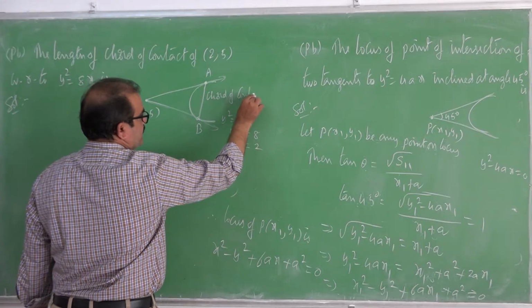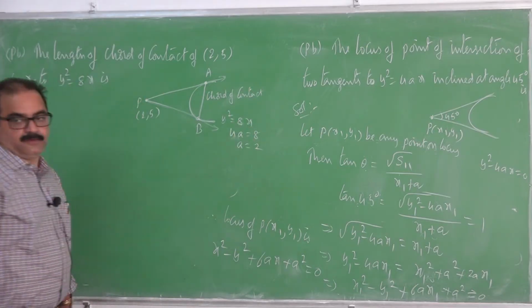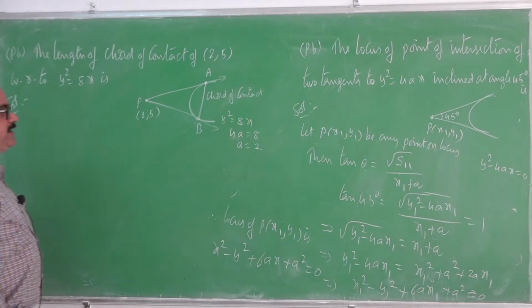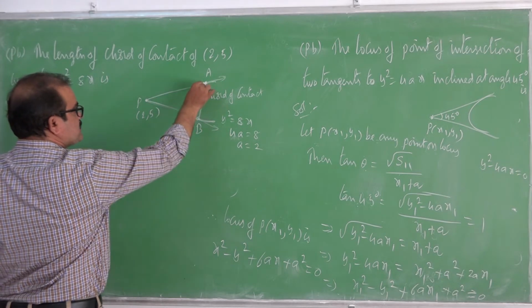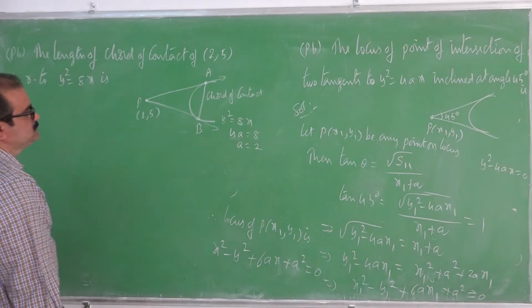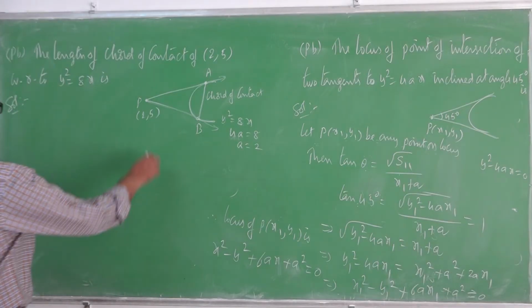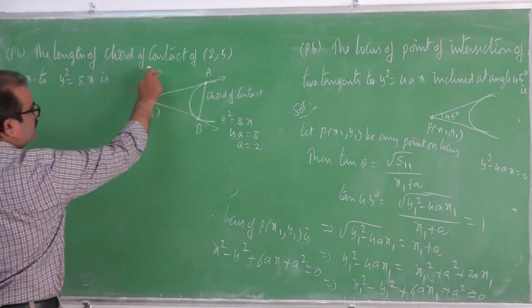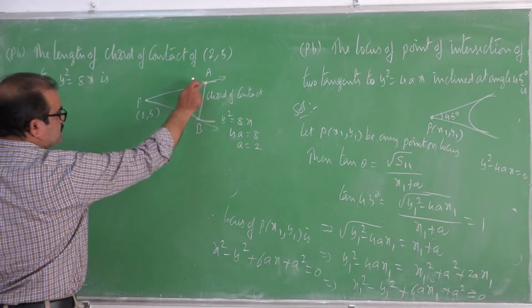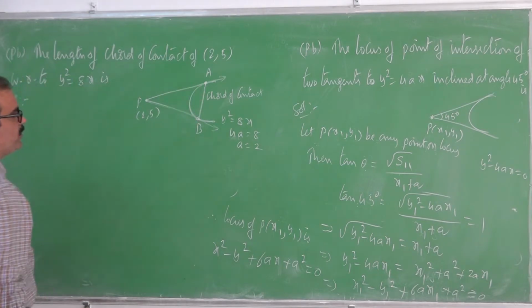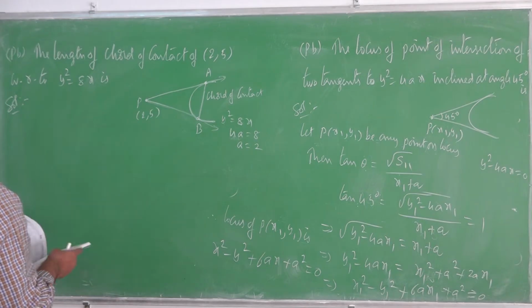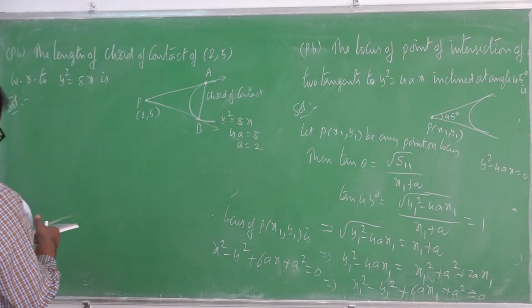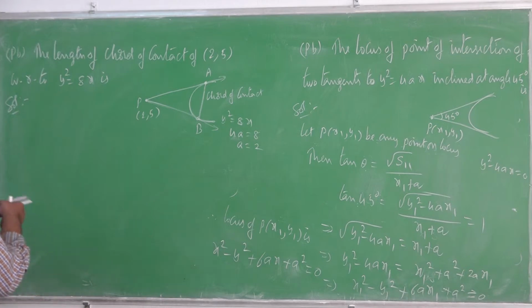Chord of contact means it is the line segment joining the points of contact. We want to find the length of chord of contact, this distance between the points A and B. Now there is one formula to find the chord of contact directly. First write that formula.